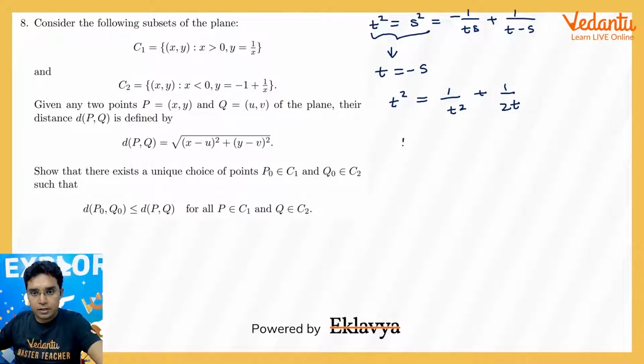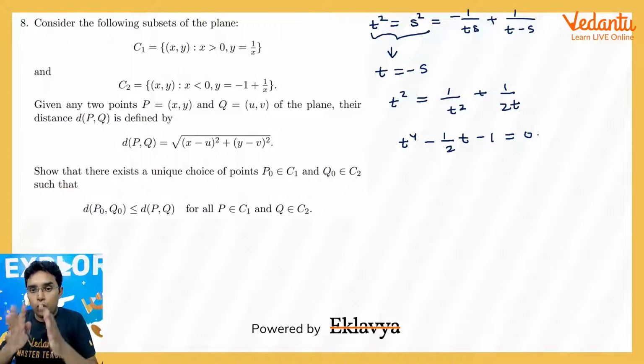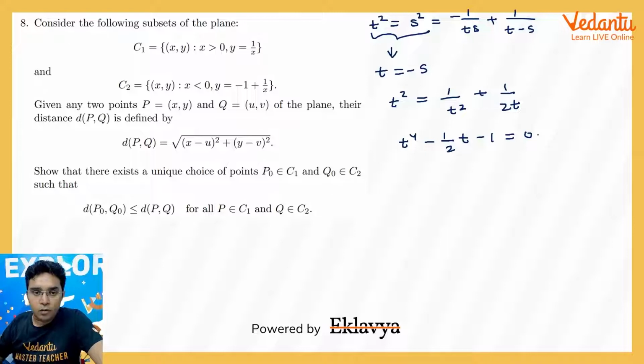This gives us a biquadratic: t power 4 minus 1 upon 2 into t minus 1 is equal to 0. The roots of this biquadratic will tell me where common normals are possible, and then we will check whether these common normals give the least distance or not. Let us see.